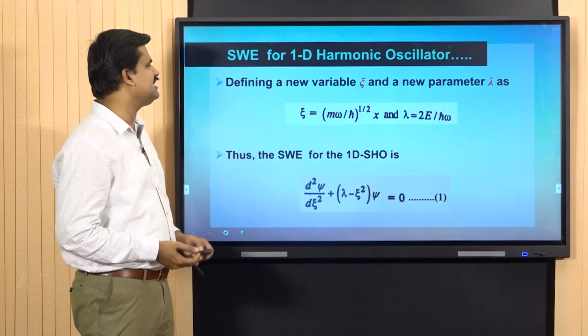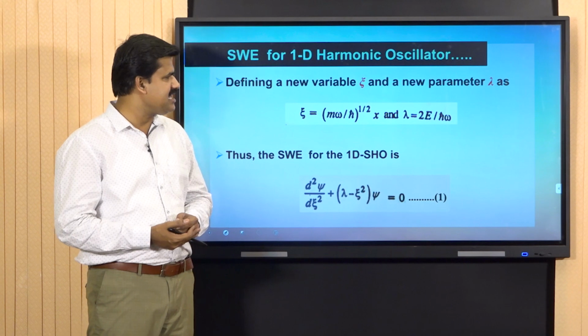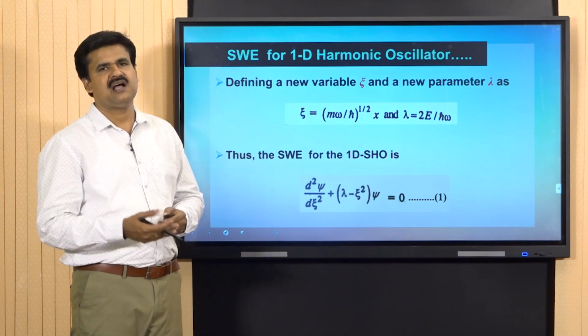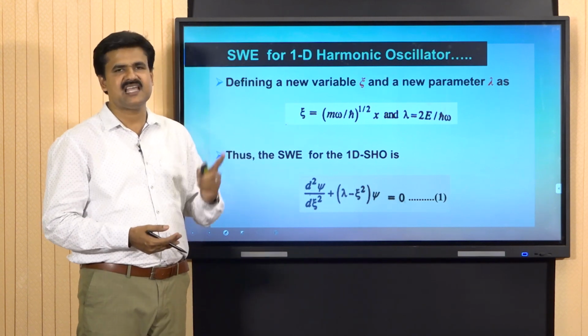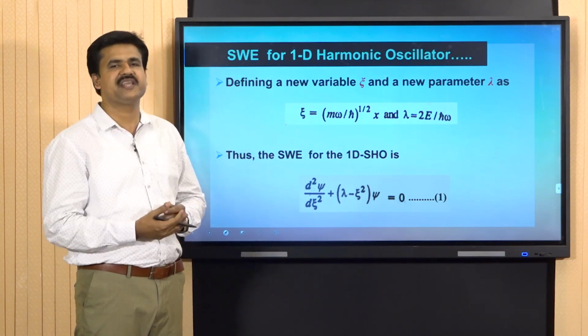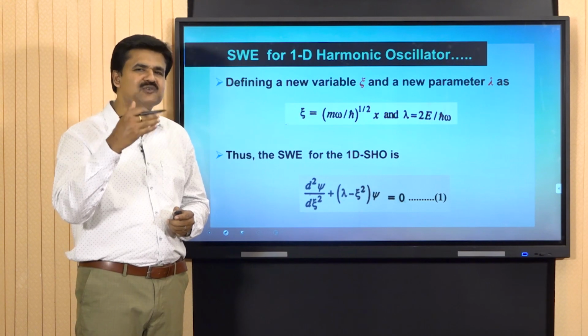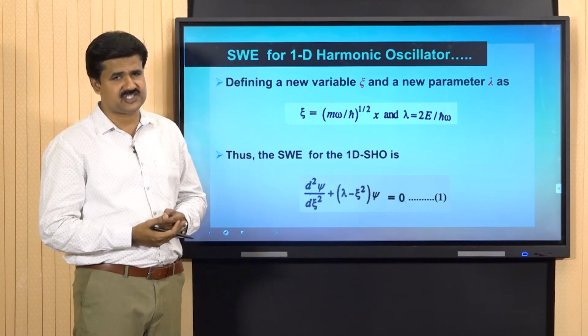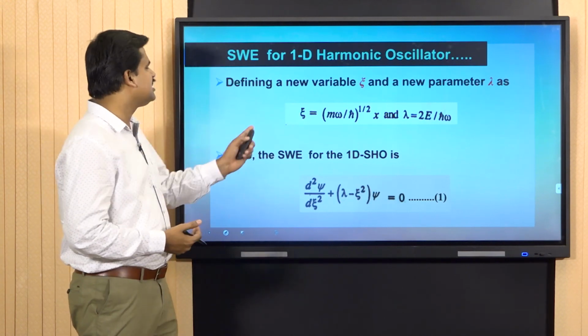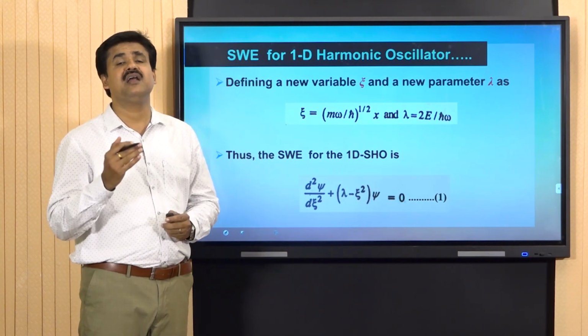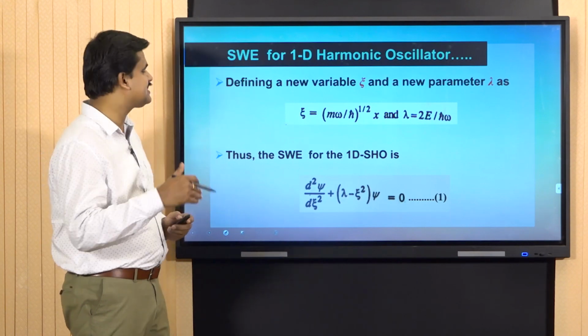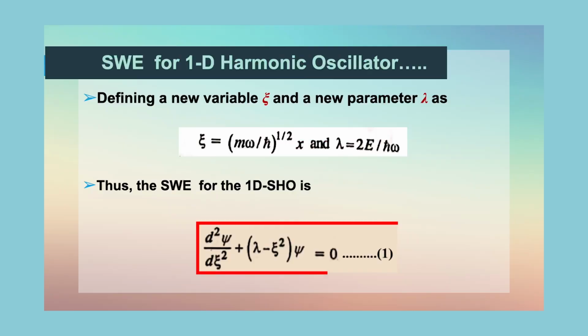Kindly note that the variable xi and the parameter lambda are incorporated in the Schrodinger wave equation in order to reduce the complexity in solving that equation. Thus, the Schrodinger wave equation for the one-dimensional simple harmonic oscillator is given by d square psi by d xi square.